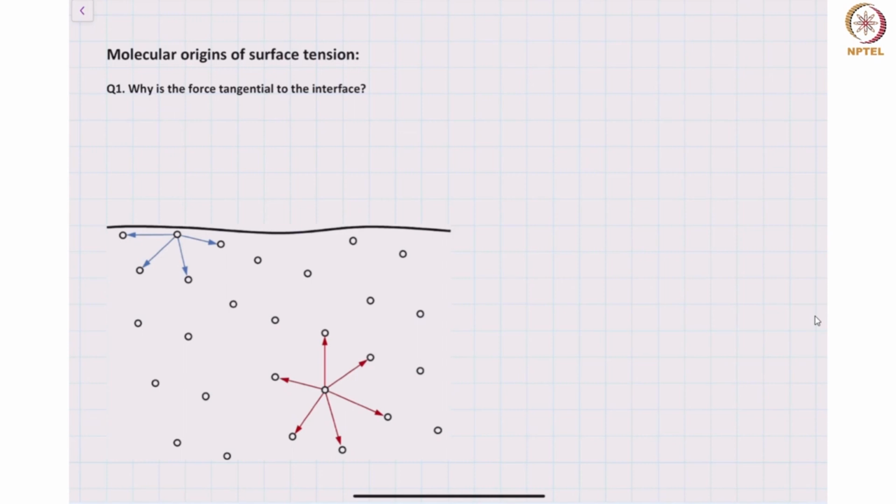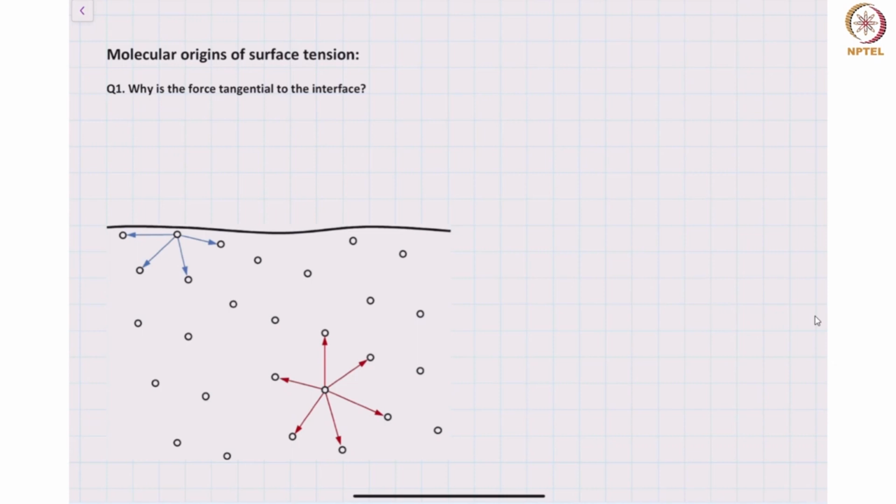And because the liquid as a whole is in a static state, there is equilibrium. Therefore, a molecule in the bulk, shown with red arrows, is equally being pulled in all directions, and there is an equilibrium. Whereas a molecule at the surface does not have enough neighbors. Correct? This is the kind of interpretation that is normally given for surface energy.